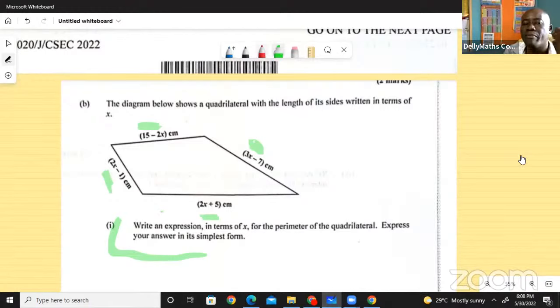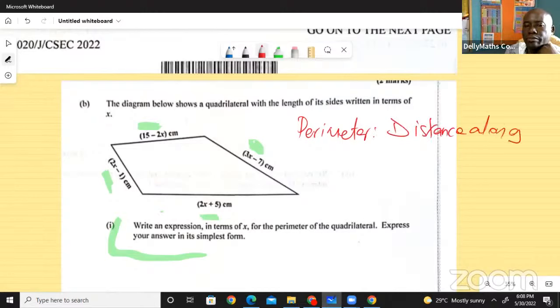So we're going to go for the perimeter. The perimeter, as you all know, is the distance along the boundary. Some people say around the boundary.